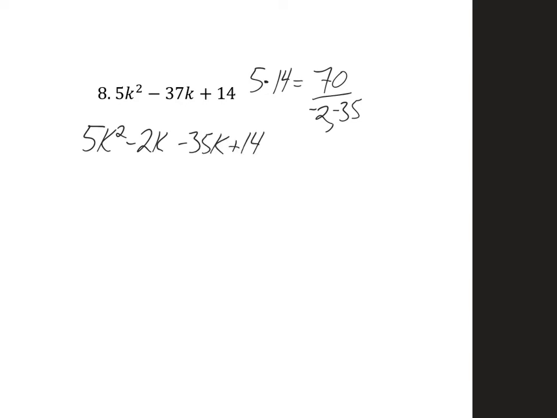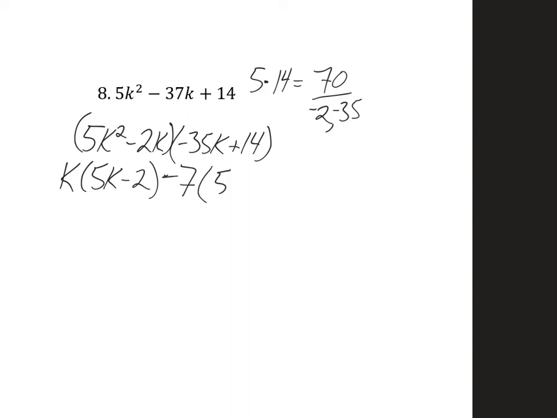Now I could have swapped those all I wanted. I could have said 5k squared minus 35k instead of minus 2k. It does not matter. You will still get the same answer at the end. Looking at this though, the way I did it, I could split it in half. Looking, I can pull out a k, and that's it for that first part. So I have 5k minus 2. For the second one, I can pull out a 7, but I want it to be a negative 7.